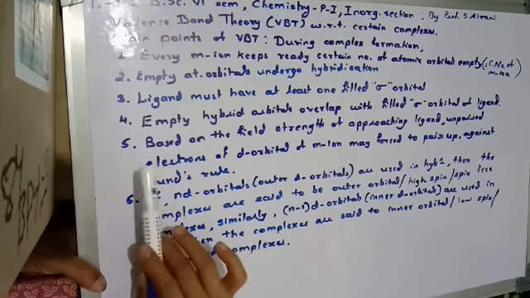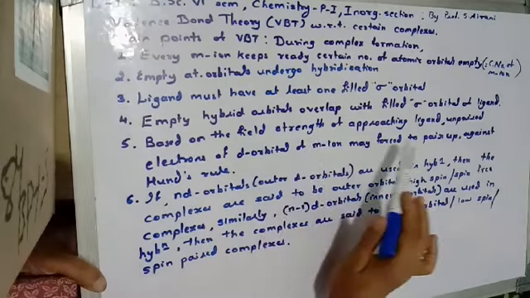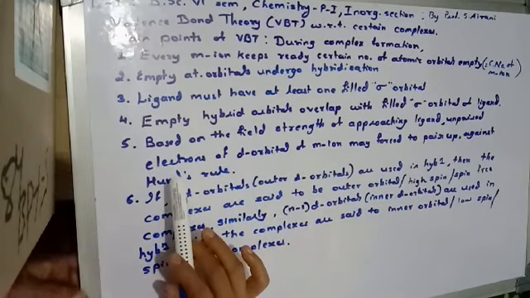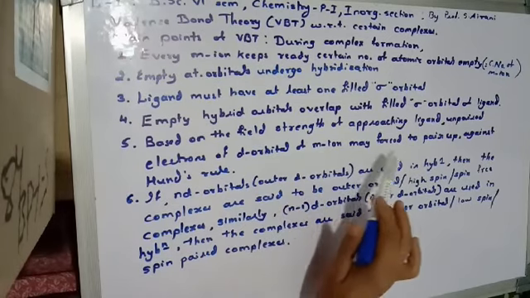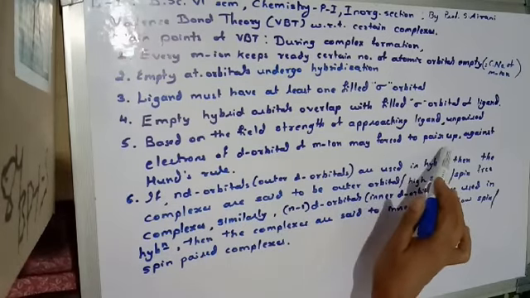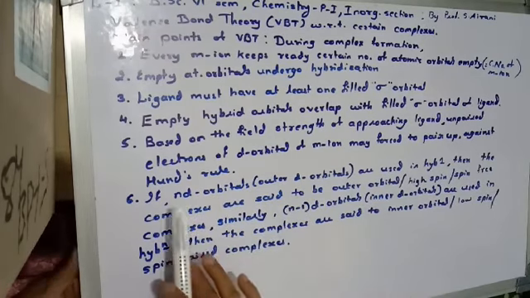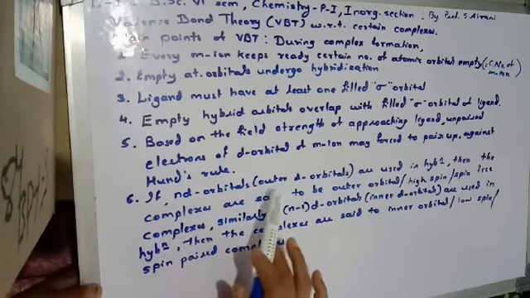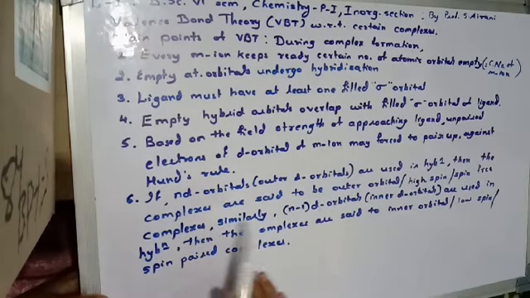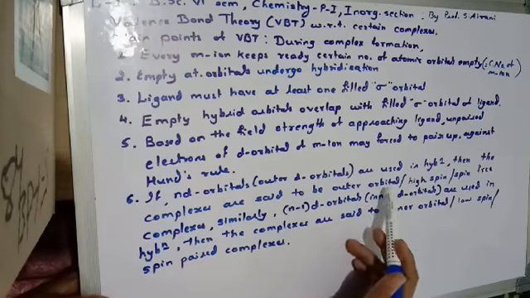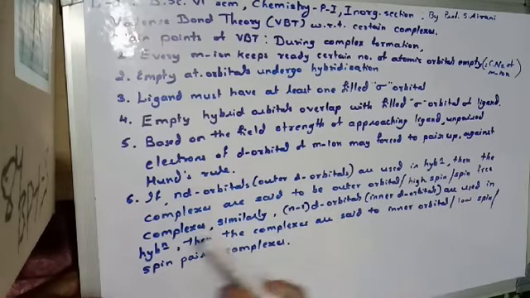Fifth point: based on the field strength of the approaching ligand, the unpaired electrons present in the d orbitals of the metal ion may be forced to pair up against Hund's rule. If nd orbitals, that is outer d orbitals, are utilized in hybridization, then the resulting complexes are said to be outer orbital, high spin or spin free complexes.